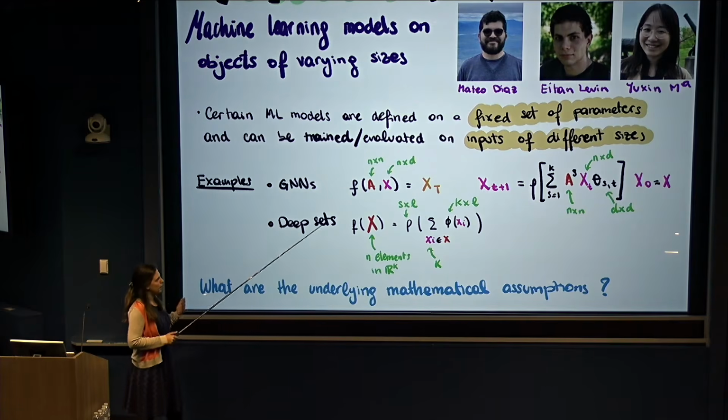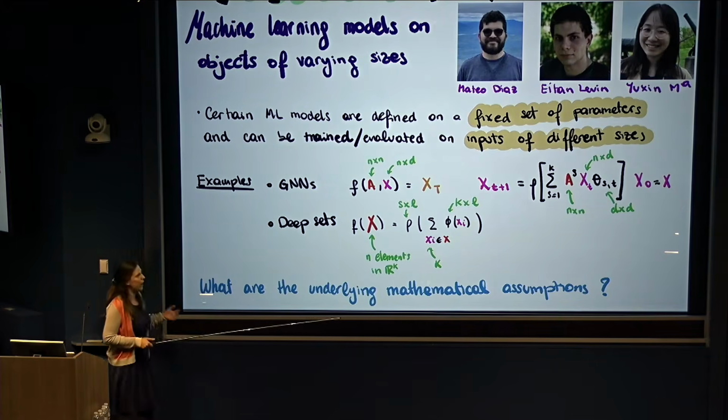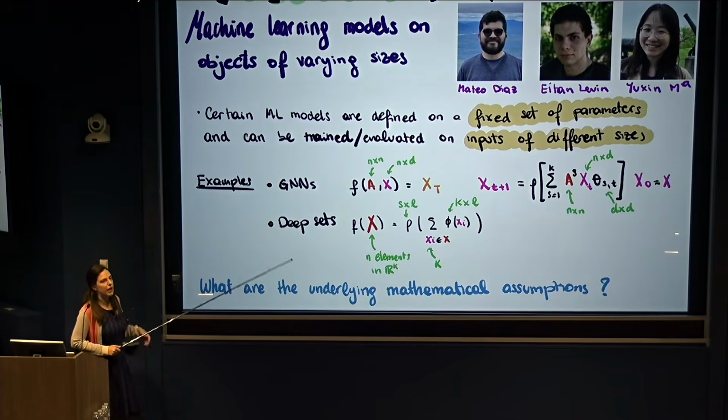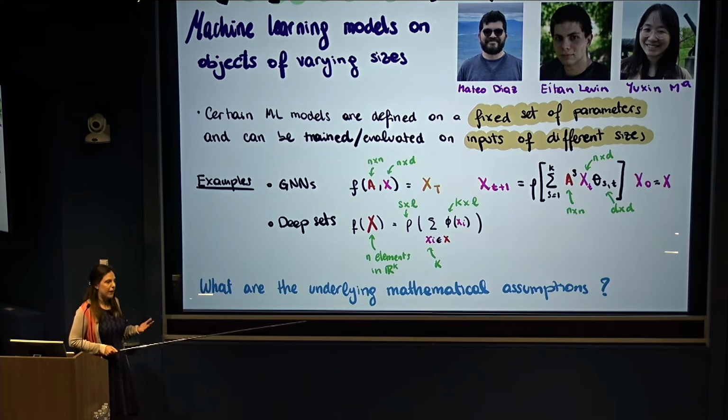One example is graph neural networks, and the other example that we saw is deep sets. And also the machine learning on point clouds that I defined in the previous slide. So the question is, what are the underlying mathematical assumptions that one makes when one defines machine learning models on varying size objects, and how can one design these models so that they satisfy the properties that you want?